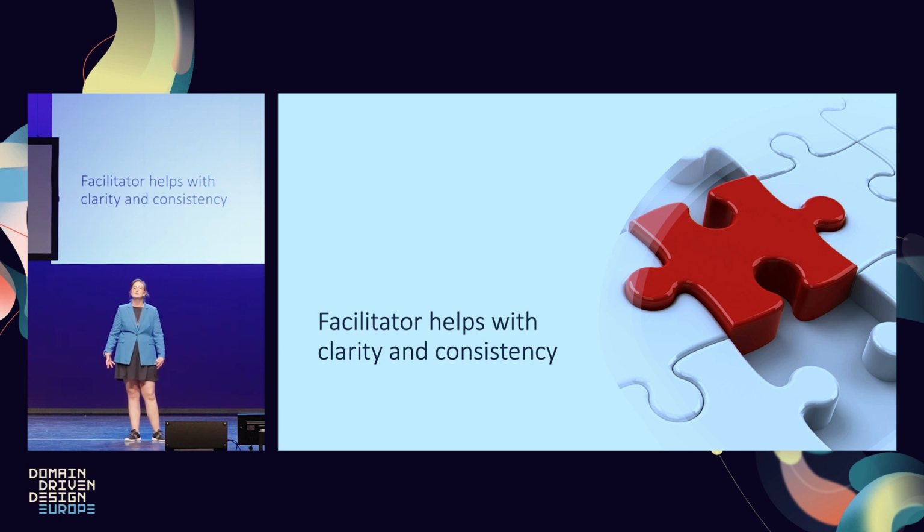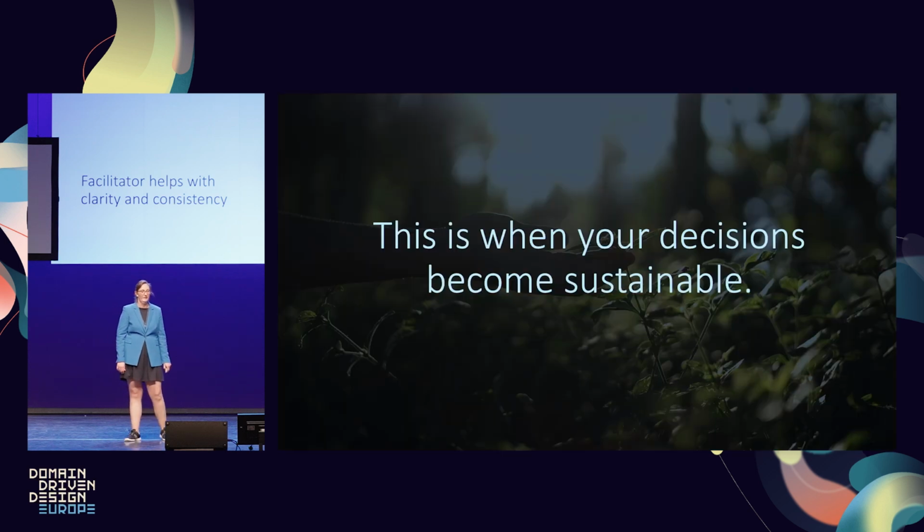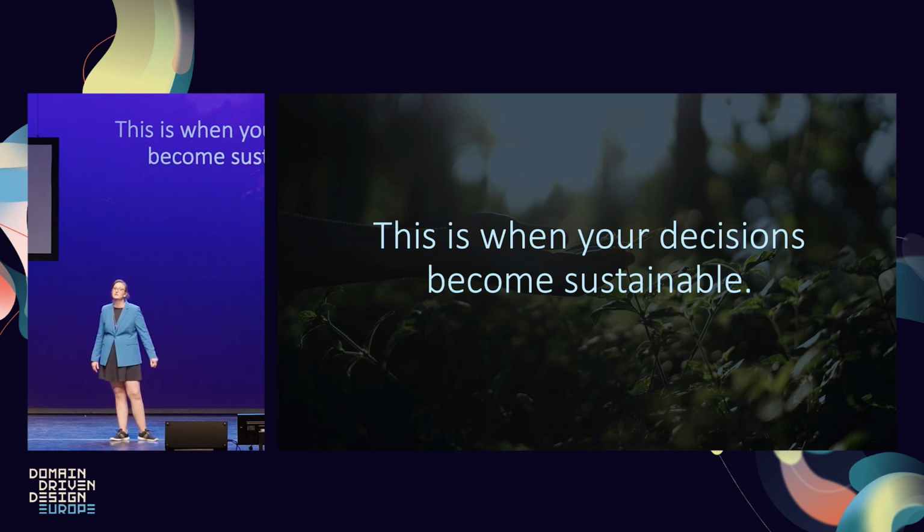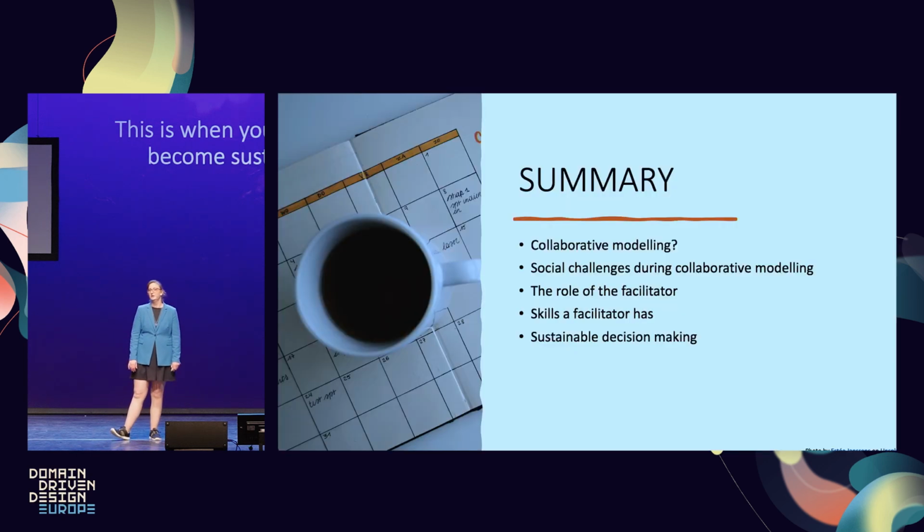I do this in the entire group so that we can have a discussion about it so that everyone is on the same page. And that is when your decisions become sustainable, because you can keep doing that for a very long time and have better and better outcomes, right?